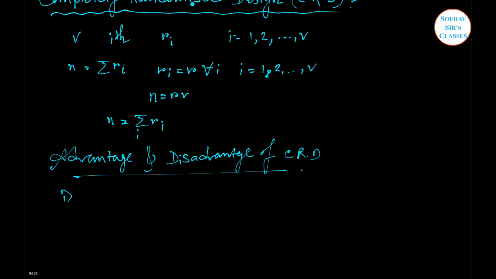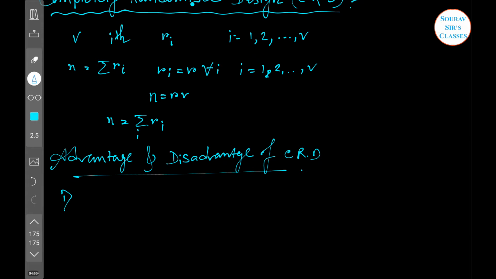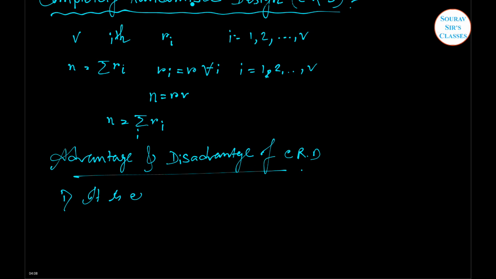The first one, it is easy to lay out the design. The second one, it results in the maximum use of experimental units since all experimental material can be used.